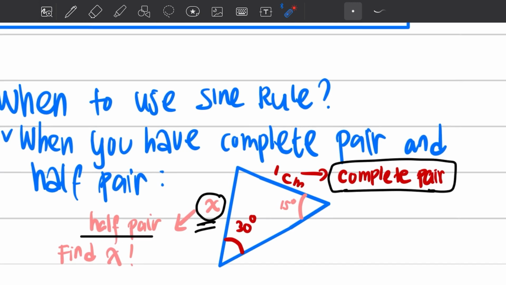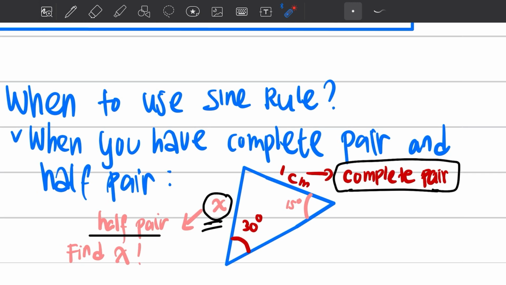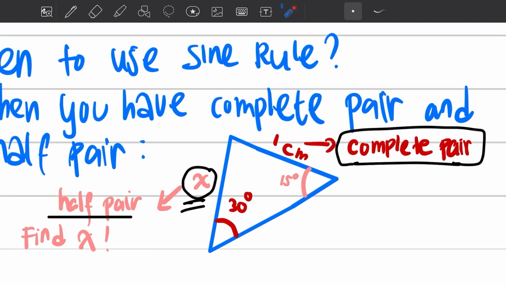The question is when to use the sine rule, because we have the sine rule and the cosine rule. You can use the sine rule when you have a complete pair and a half pair. For example, I know one side, let's say it's 1 centimeter, and I know the angle that is opposite to that side.